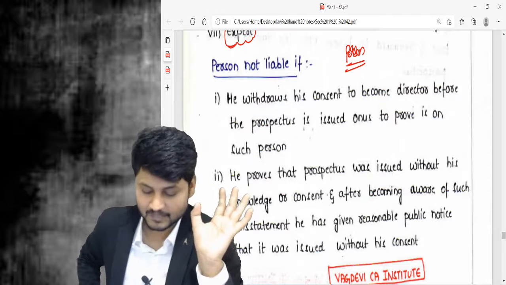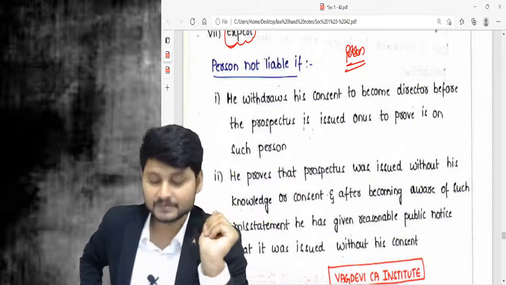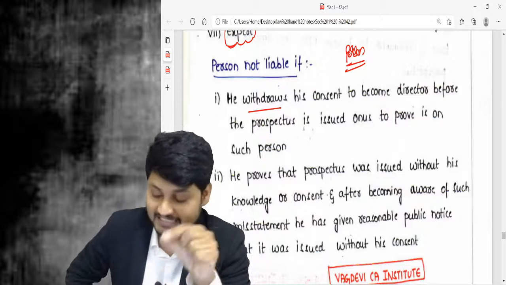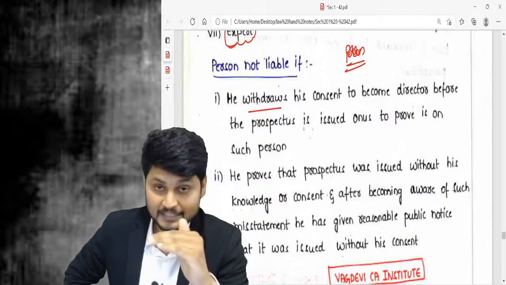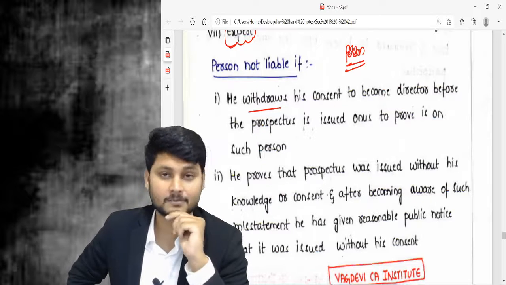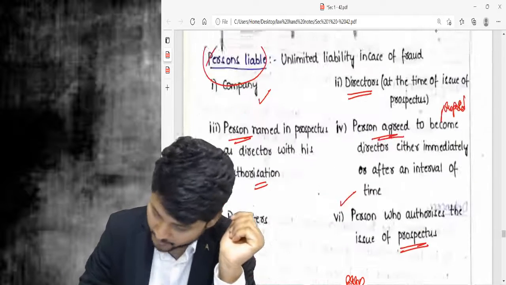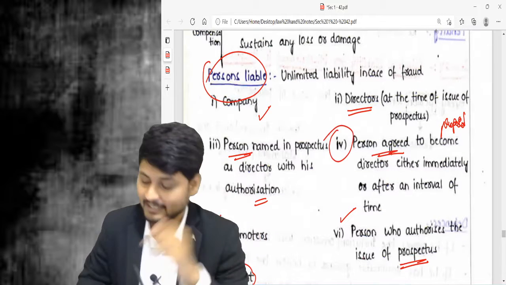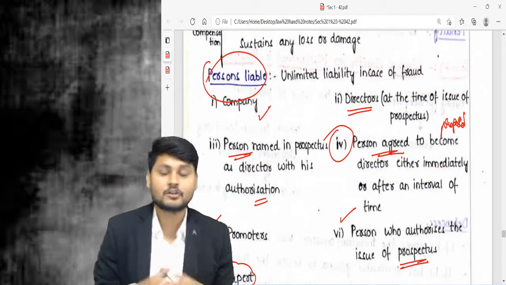Point number 1, he needs to prove that he withdrew his consent to become director before the prospectus is issued, and the onus to prove is on such person. See here, point number 4 in fact, he is the proposed director. He is not the director at all.